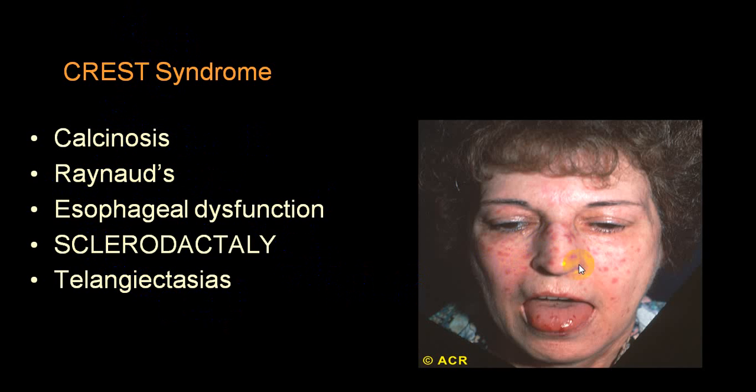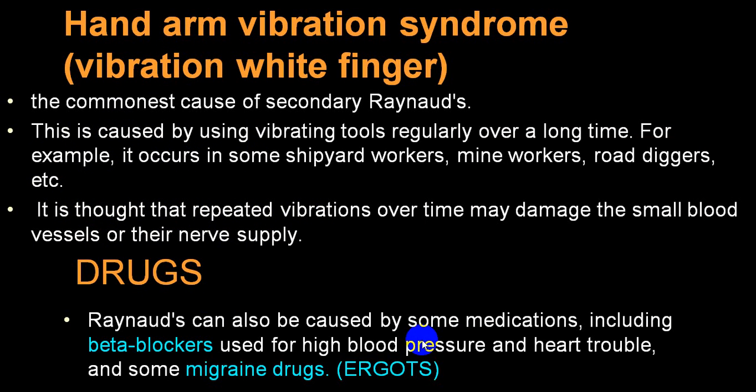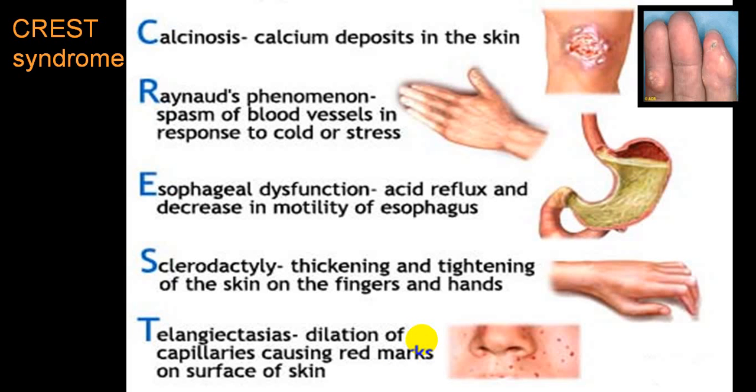You can see telangiectasia, this is quite common. This is calcinosis, Raynaud's phenomena, esophageal motility disorders, sclerodactyly, and telangiectasia.